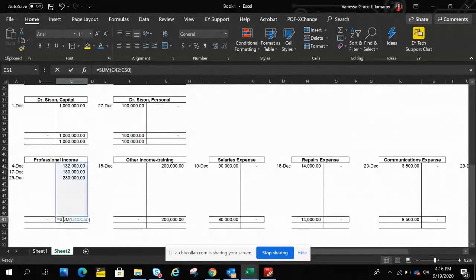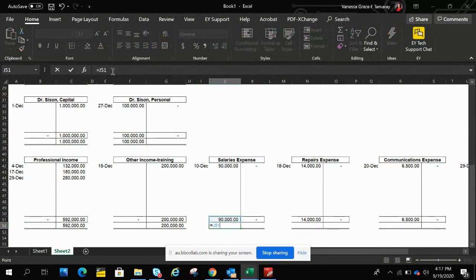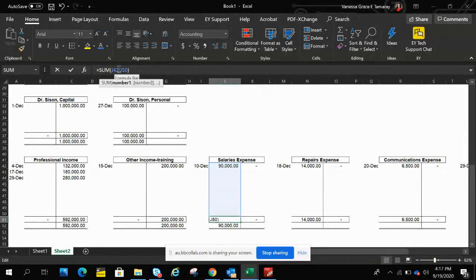And then, about professional income, normal balance, credit side. Diba? And same with trading, kasi ito ay income. Pag expenses, normal balance ay debit side. Check lang natin.